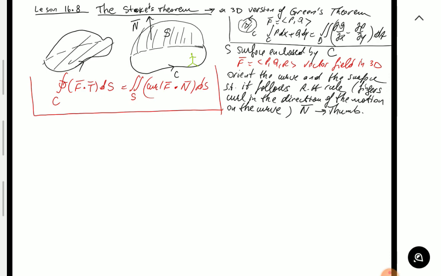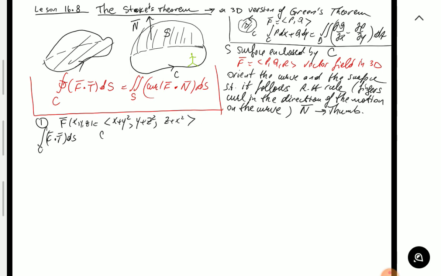So here is a classical example of the sort. Let's start with the first example. Let's say I have a vector field with the components given by x plus y squared, y plus z squared, z plus x squared. And I want to find the line integral where the curve is going to be the contour of the following triangle.